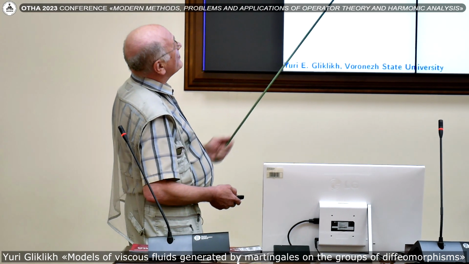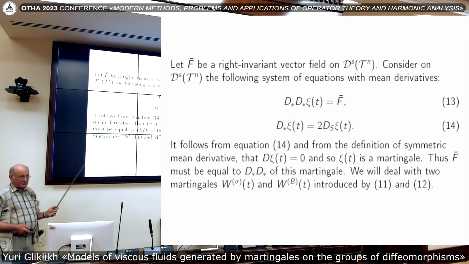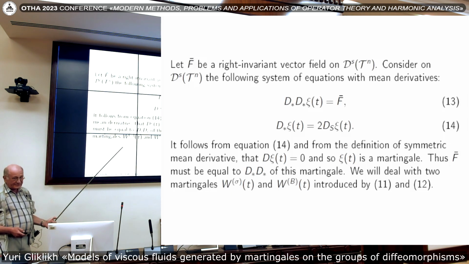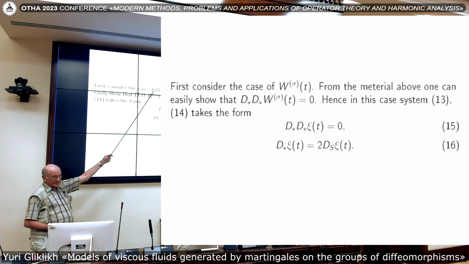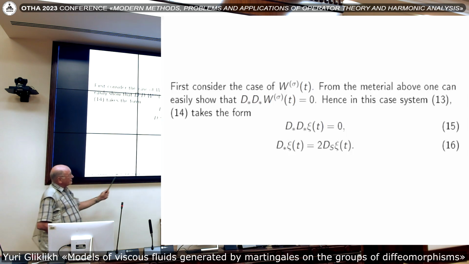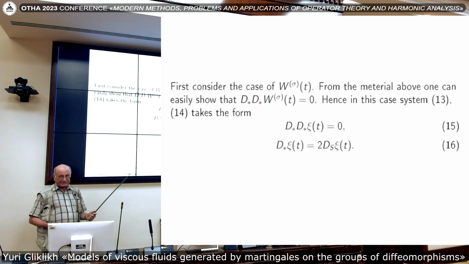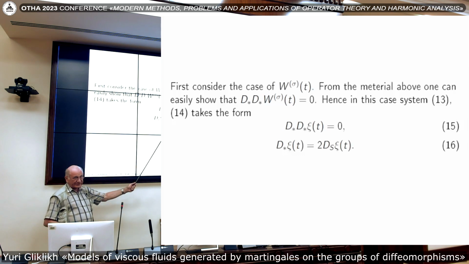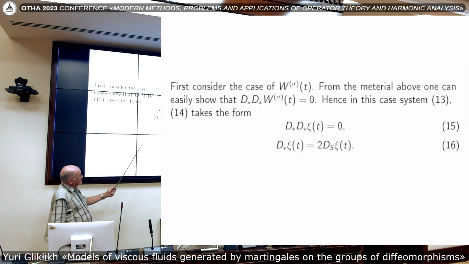Now we will consider these two equations for those two martingales that I introduced. First, it is W sigma. And the right-hand side should be constructed from finite dimensional derivatives. And for this case, its second mean derivative is 0, as I have told. And second, this one.